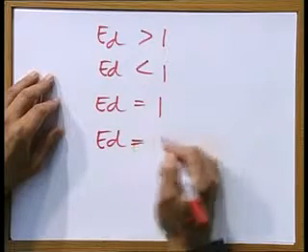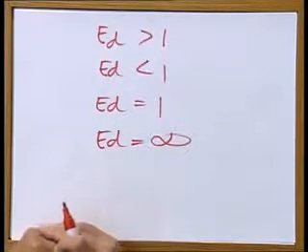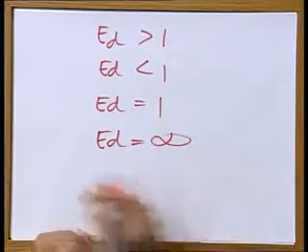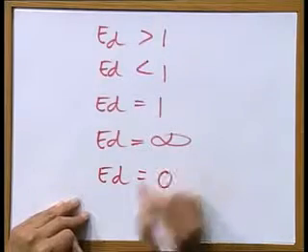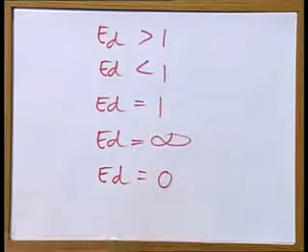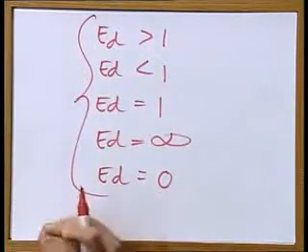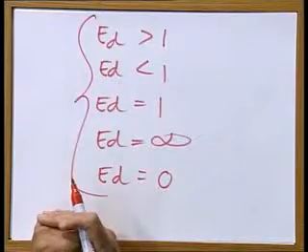ED can be equal to infinity, where you cannot measure the change in the quantity demanded because of a slight change in the price. And ED can also be equal to 0, where even if there's a change in the price, it will not change the quantity demanded. So please note the 5 categories, or the 5 types, of elasticity.